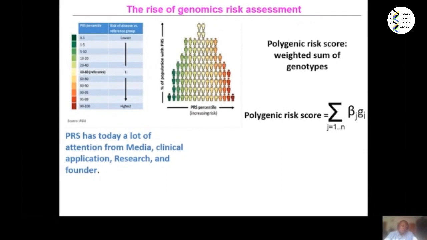The common method is known as polygenic risk score, which is the estimate of an individual's genetic risk or liability to a trait or a disease, computed according to the genotype profile of an individual and the relevant causal SNPs from GWAS.